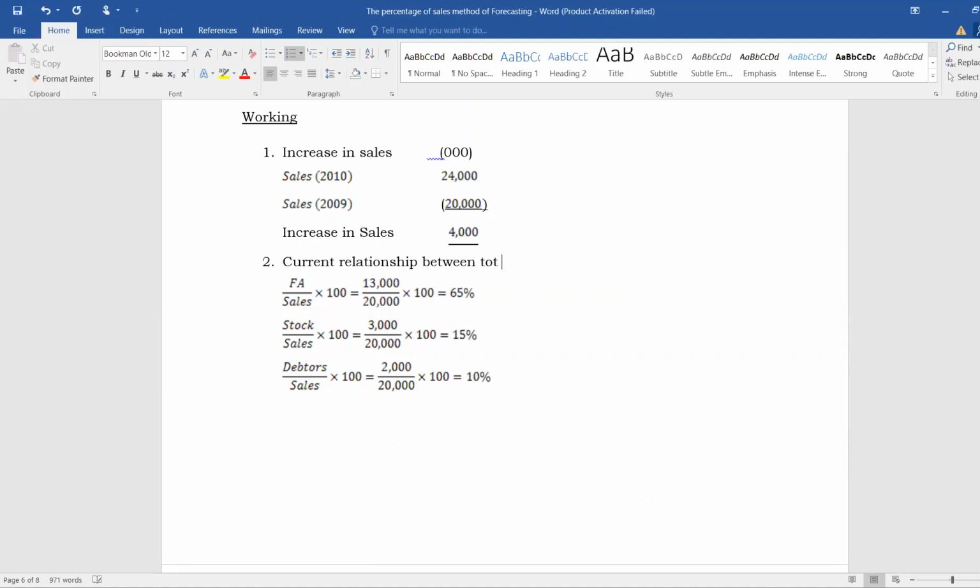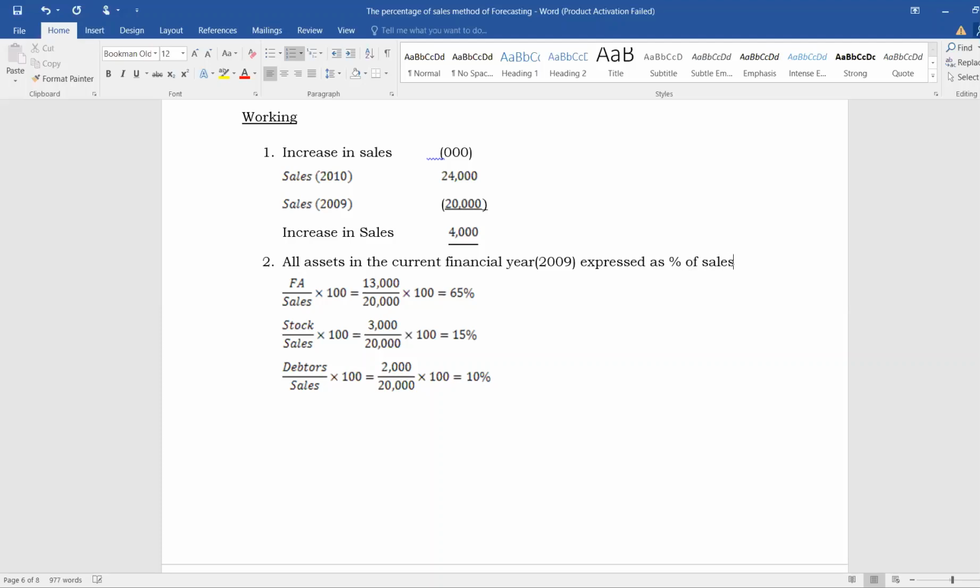All assets in the current financial year, which is 2009, expressed as percentage of sales.